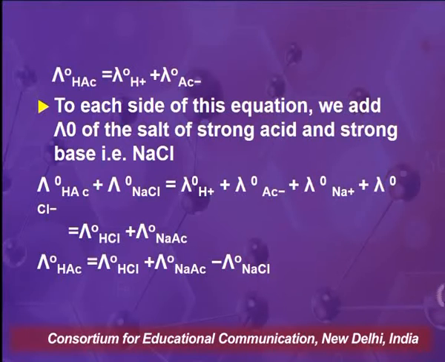To each side of this equation, we add lambda naught of the salt of the strong acid and strong base, that is NaCl. So, lambda naught acetic acid plus lambda naught NaCl is equal to lambda naught H plus, plus lambda naught acetate ion, plus lambda naught Na plus, plus lambda naught Cl minus.